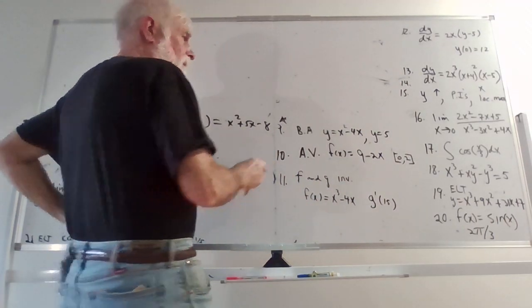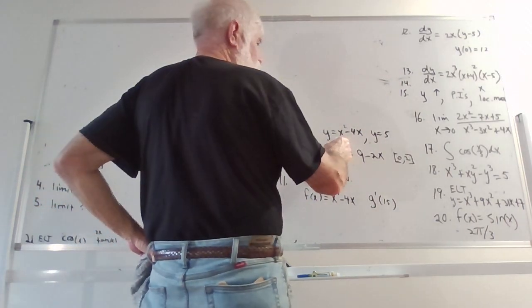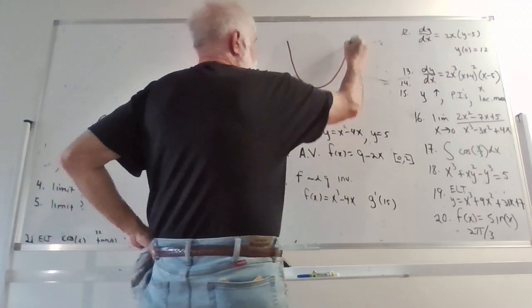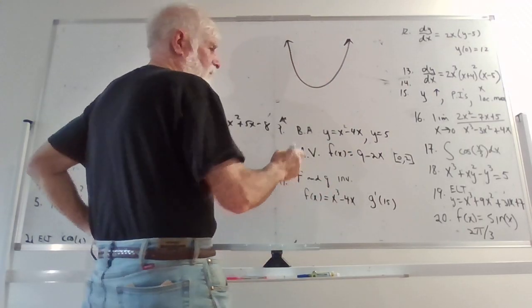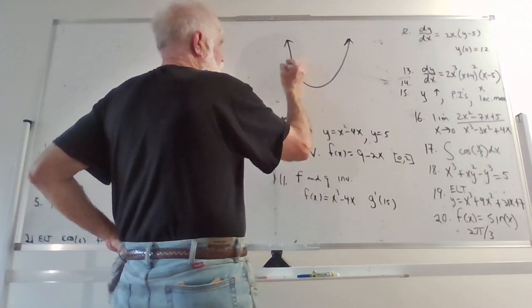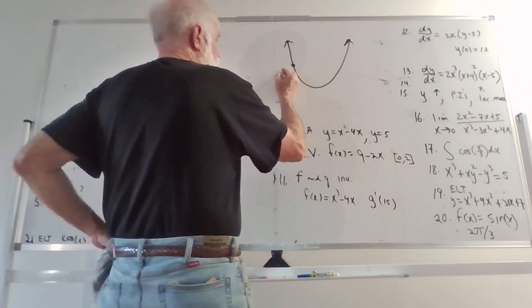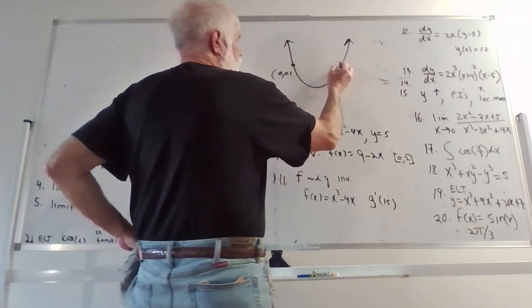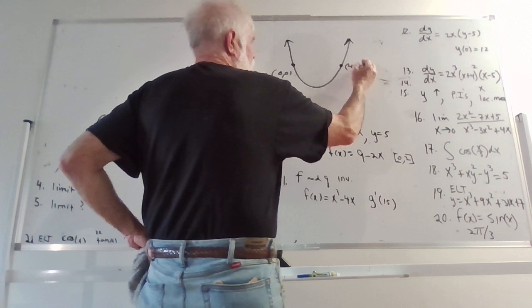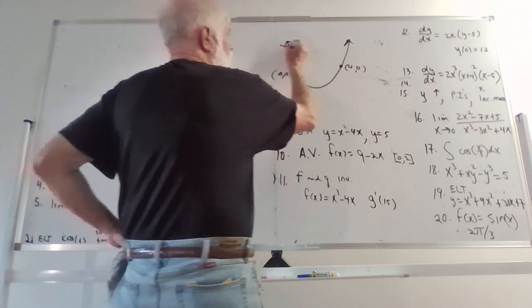Bounded area between two graphs, x squared minus 4x, which I think if we put in factored form, gets us 0 and 4 for roots, (0, 0) and (4, 0). And we just want the calculation. y equals 5 is up here.